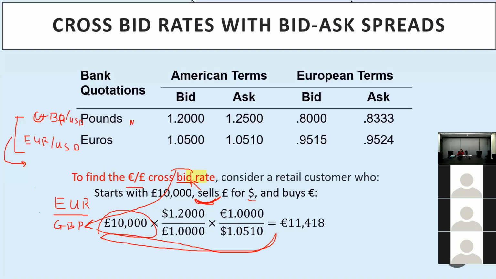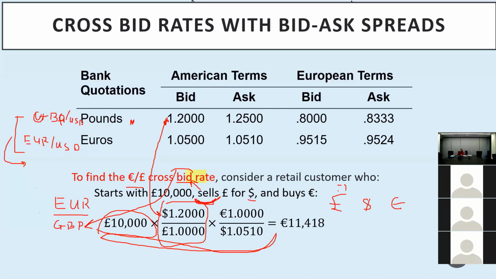So we want to use the first quote to exchange the pounds into the USD. So as a client, when we exchange the pounds to the USD, when we sell the pounds, we will be selling the pounds at the bank's bid rate, right? So we'll be selling at this rate over here, which explains the first exchange rate here, okay? So this is the pounds, this is the USD, and this is the euro, okay?